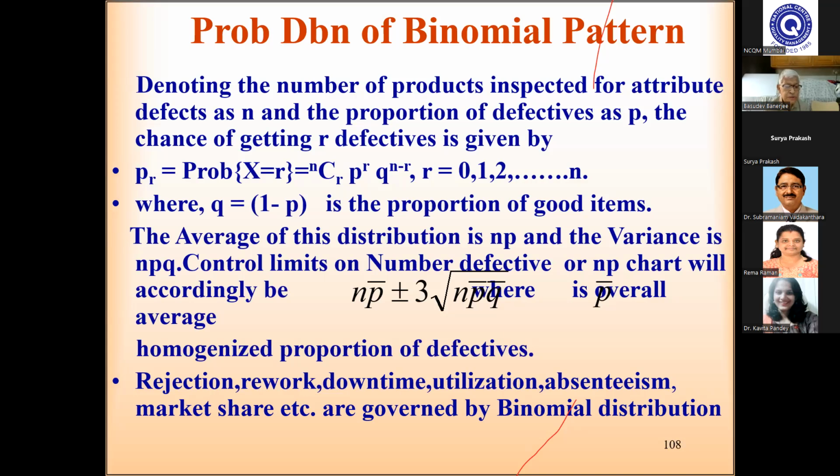P is the proportion of defectives, and 1 minus p is the proportion of good items.